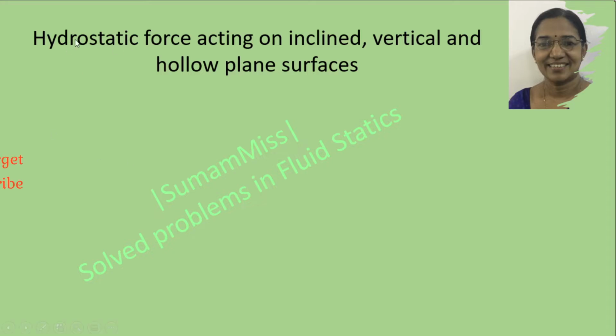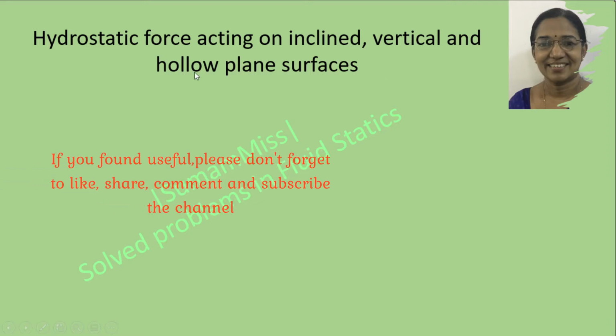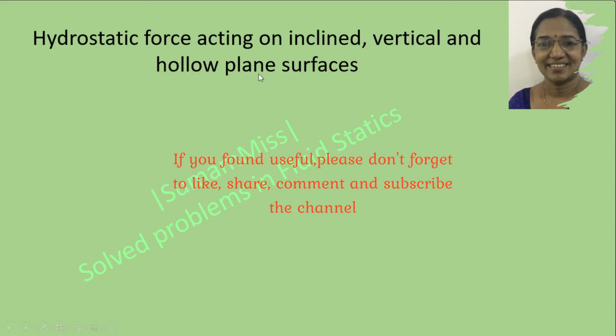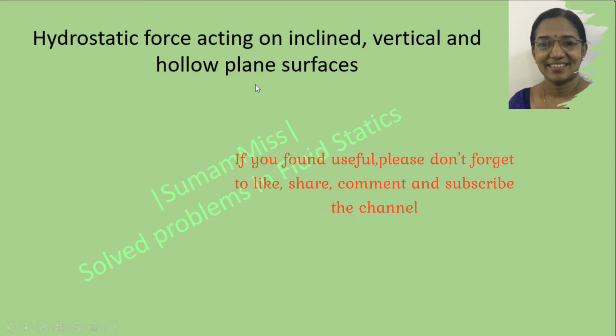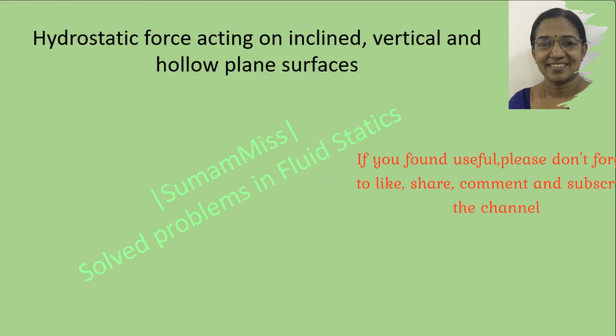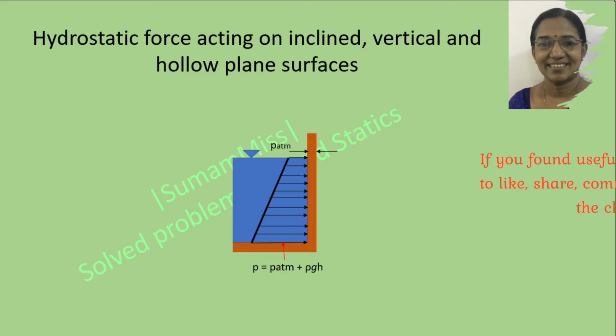Today we are going to discuss problems related to hydrostatic force acting on inclined, vertical and horizontal plane surfaces. These are typical problems commonly expected from this portion. We have learned previously that when a plate is exposed to a liquid, such as a gate or wall in a dam, the wall of a liquid storage tank, or the hull of a ship at rest, it is subjected to fluid pressure distributed over its surface.